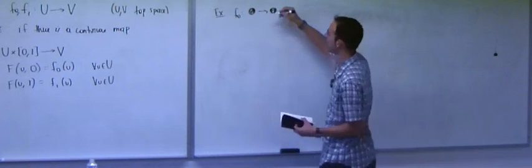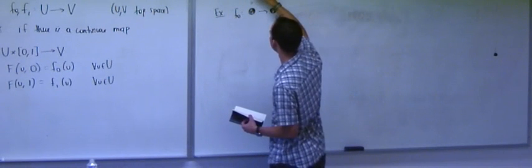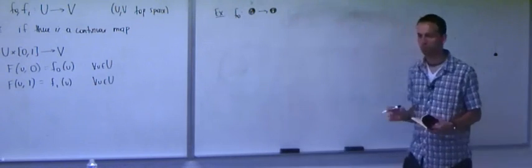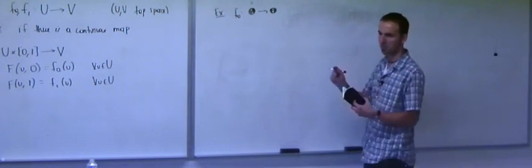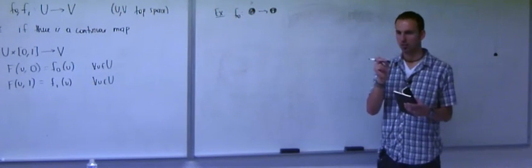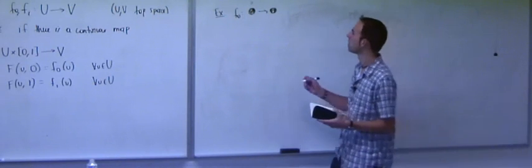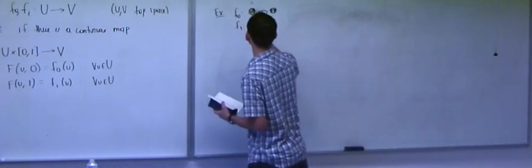So this is just the two-dimensional ball. You see what I mean by that? It's just the full disk with center at the origin and radius 1. I'm going to define two maps.